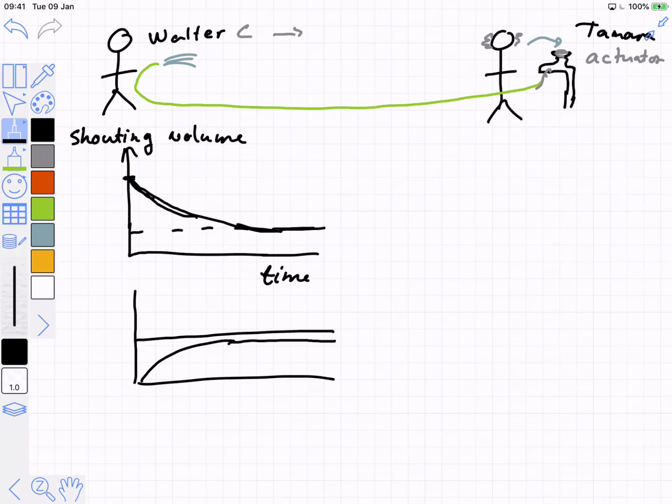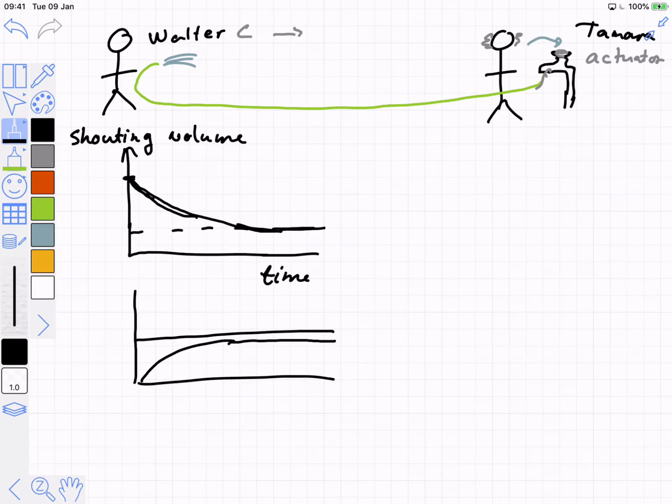This is proportional control, and this is the problem with proportional control: this equilibrium away from zero error. Right? Where I'm still saying things. I'm still shouting, or maybe murmuring, but I'm not murmuring quite loud enough for the tap to get to the place where it needs to go to get zero error.